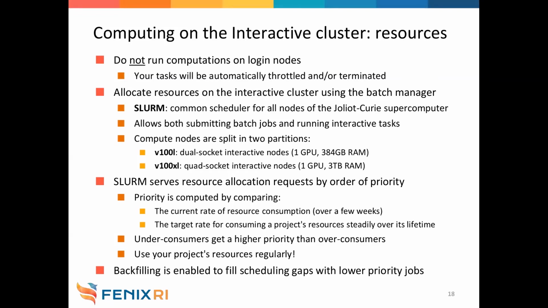If you overconsume, you get a lower priority. We usually advise to have a regular use of the resources along the lifetime of the project to avoid consumption peaks. Because if all users use all their computation resources at the end of the project, everyone wants to use the machine at the same time, and so people are not happy in this case.